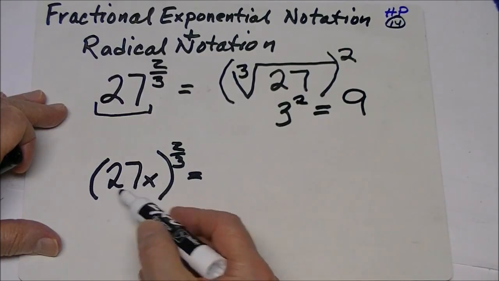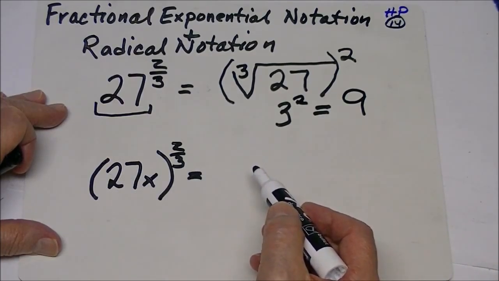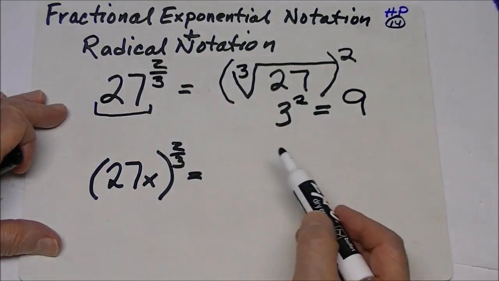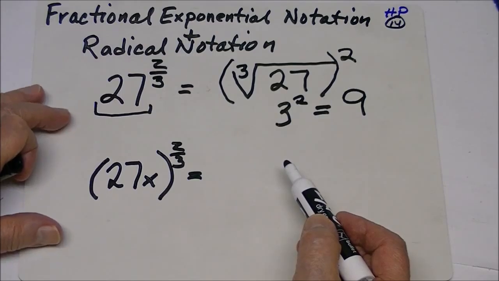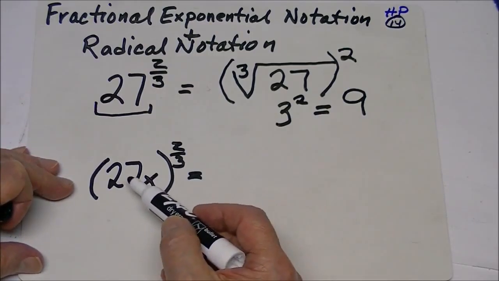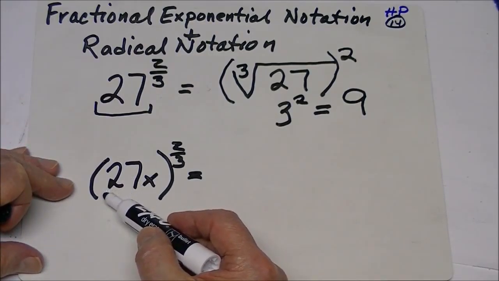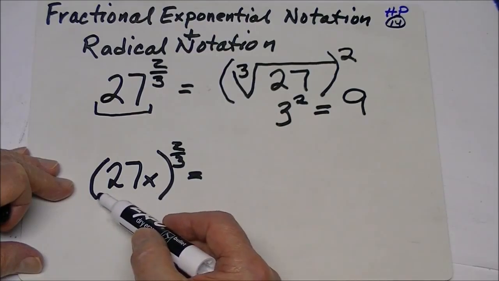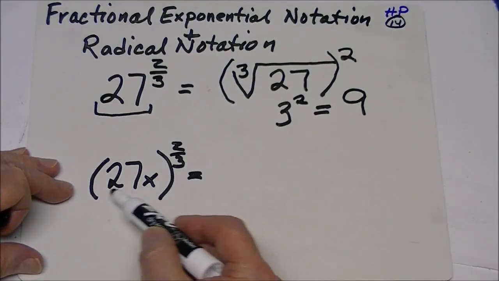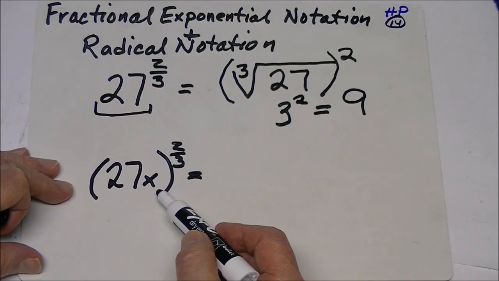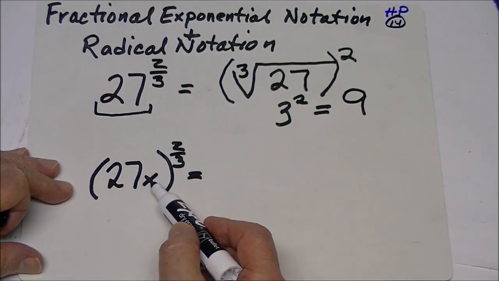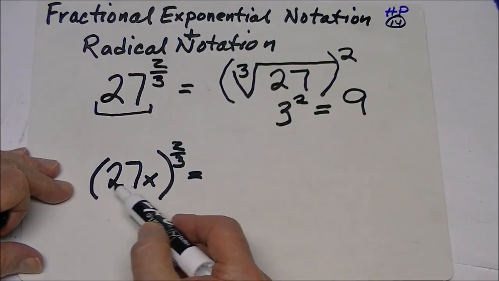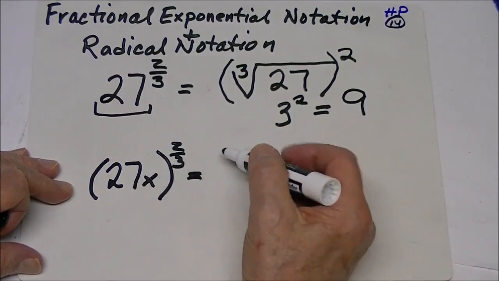Now in MATLAB I saw this as one of the examples which is closely related to this. And you might say, well, what happens? Well, again, the base is enclosed within the parenthesis. Here we didn't need a parenthesis, but now we want to be sure the x and the 27 are included in the base.